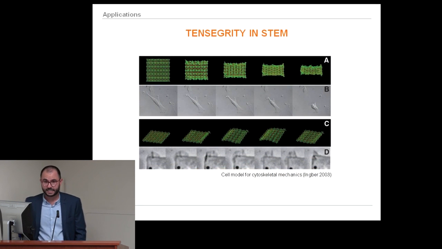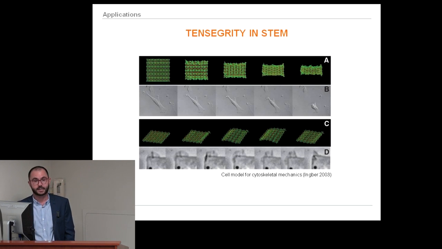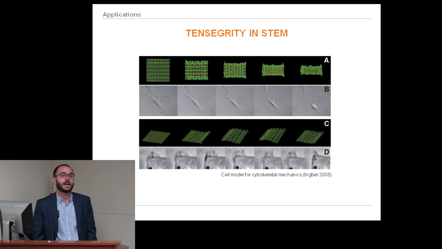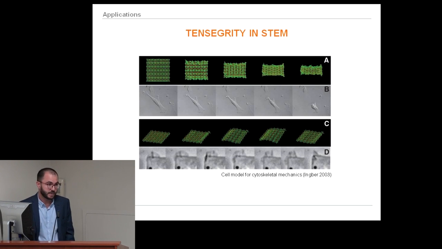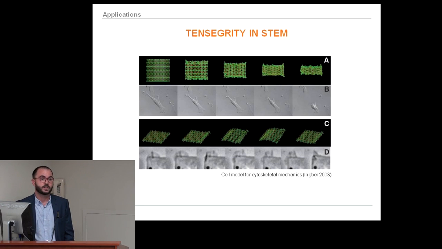But beyond that, it has been used in science. Dr. Imberg, who visited our school a couple of years ago, if I'm not mistaken, has been using that for the modeling of the cell, the cytoskeletal mechanism, in order to simulate the combination of the mechanisms with respect to the structure of the cell.